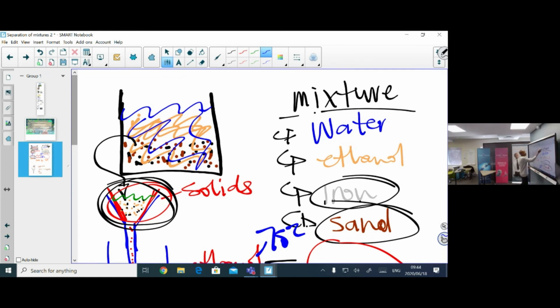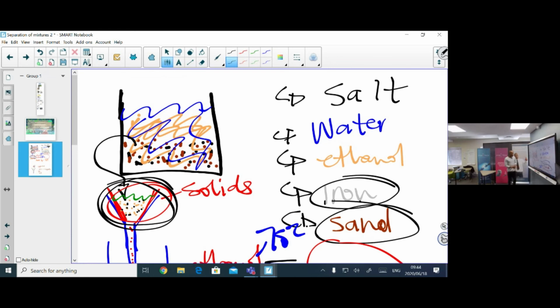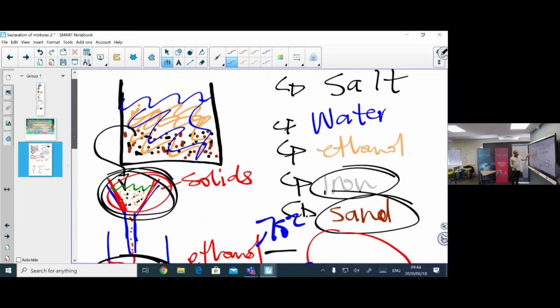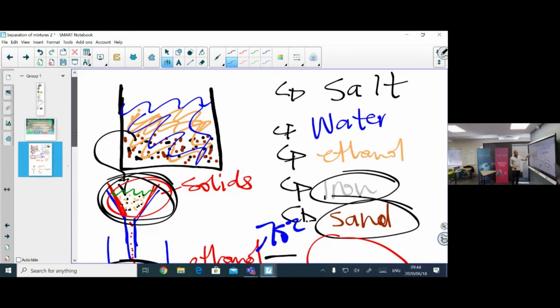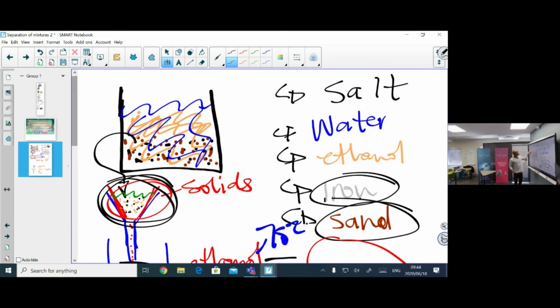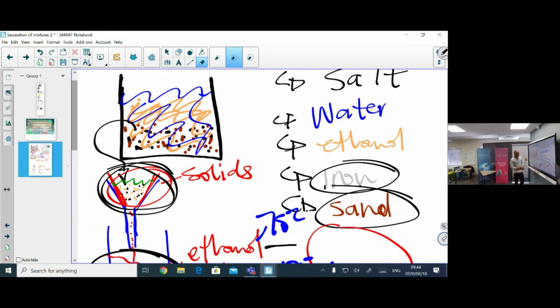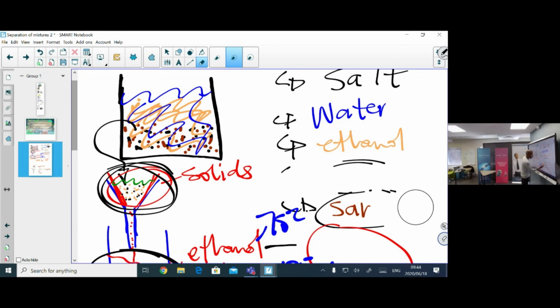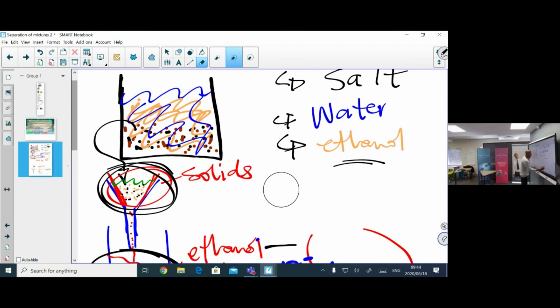Let's see. If I am to take our mixture and add something else to it, let's add salt to our mixture. So if we're adding salt to our mixture, and we use filtration to remove the iron and the sand, which are our undissolved solids.